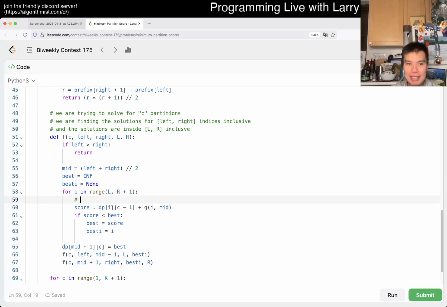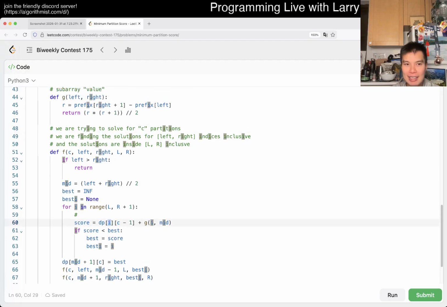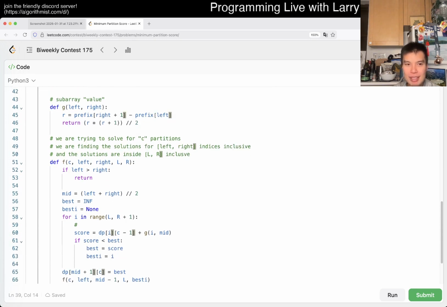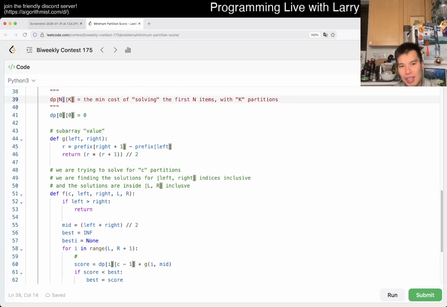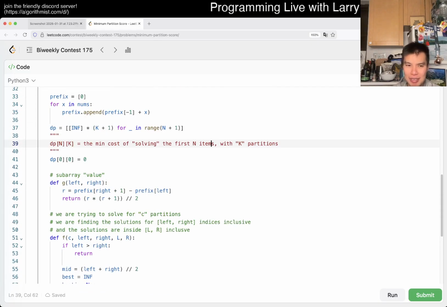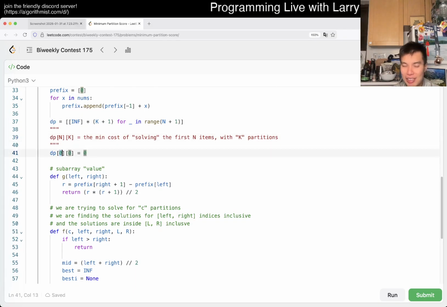But remember that dp of i, C-1 is for C-1 partitions, and i is for the first n items. So index 0 is actually the first 0 items, just to be clear.